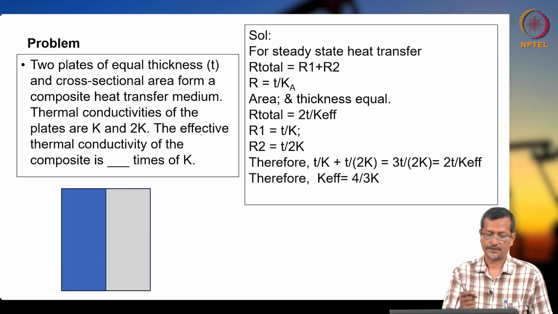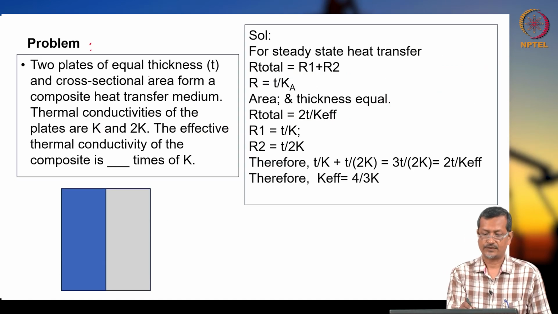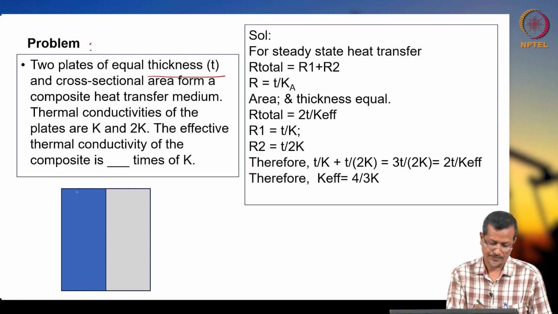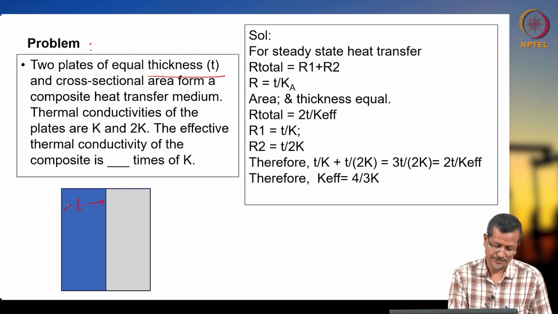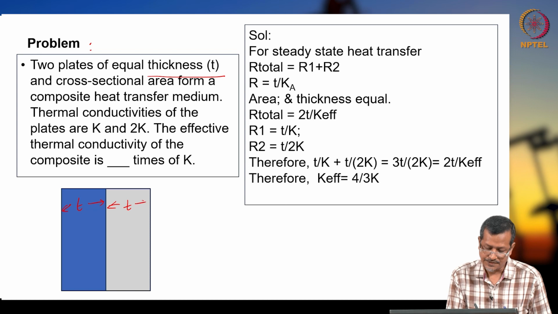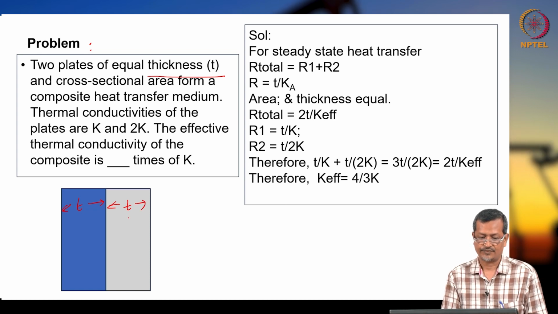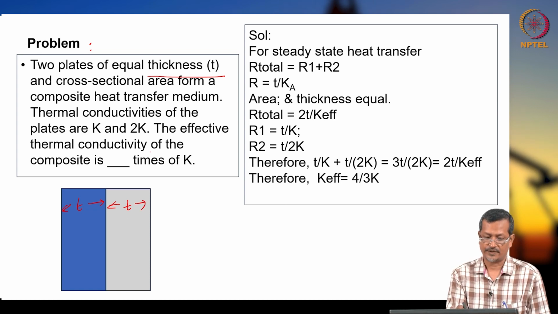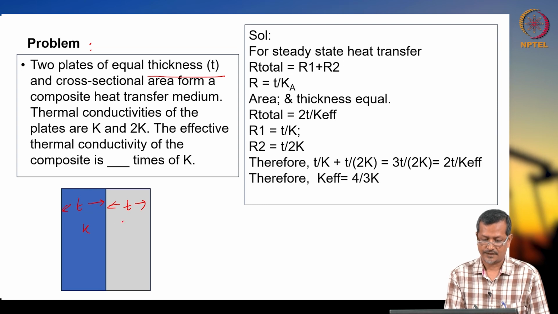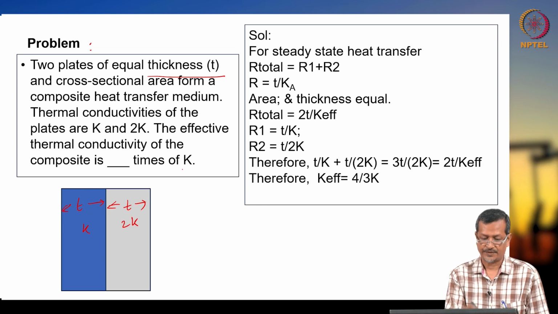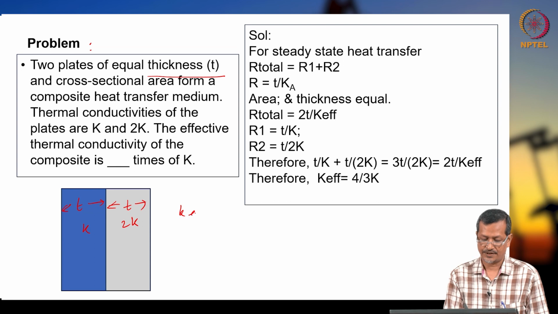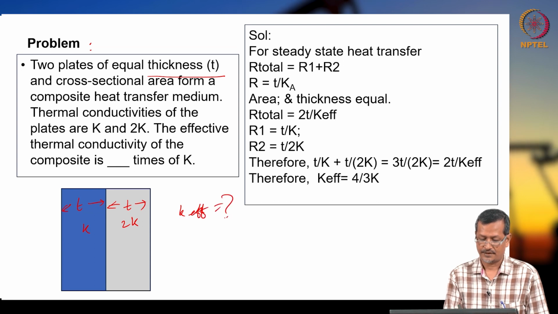So, another problem: two plates of equal thickness T, cross sectional area A, form a composite heat transfer medium, with thermal conductivity K and 2K. Effective thermal conductivity of the composite, K effective, you have to find.